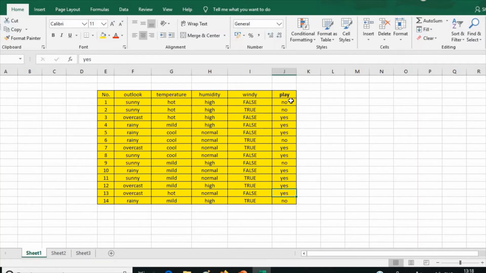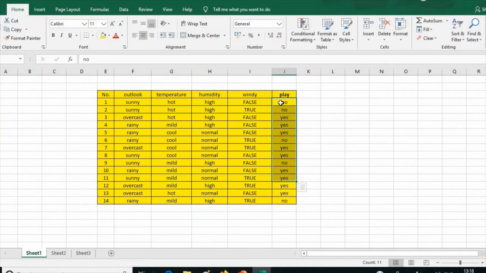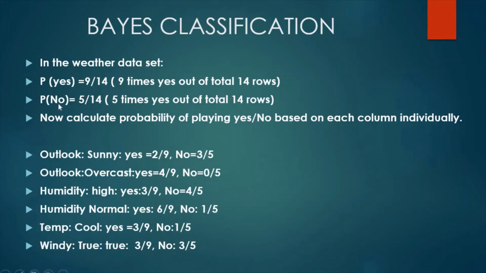In a similar way, we will calculate the probability of no. There are 5 no out of 14, so the probability of no is 5 divided by 14. 14 is the total number of rows and 5 is the total number of occurrences of no. Now calculate the probability of playing yes and no based on each column individually.